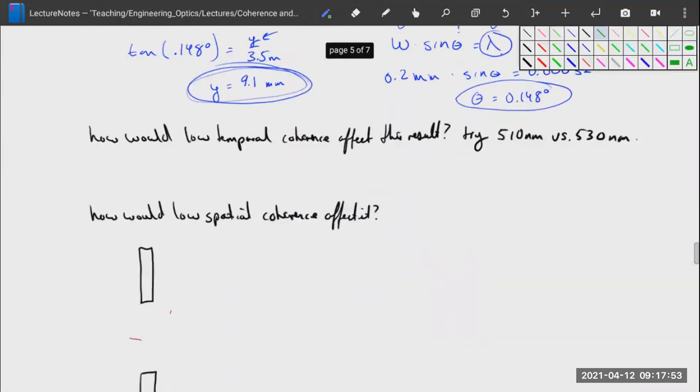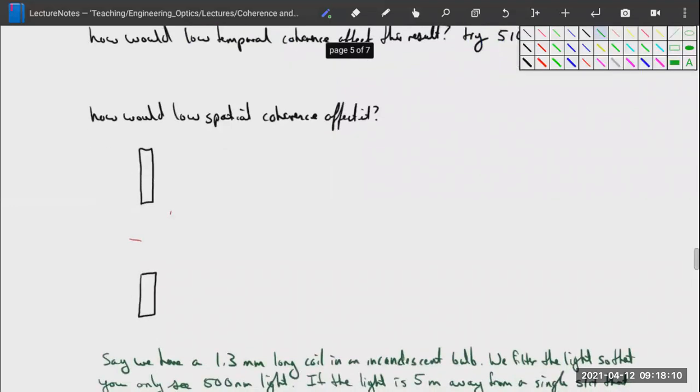Low spatial coherence affects it in exactly the same way, right? So let's say we have a beam of light that's coming through straight, and we also have a beam of light that is coming through at an angle here.